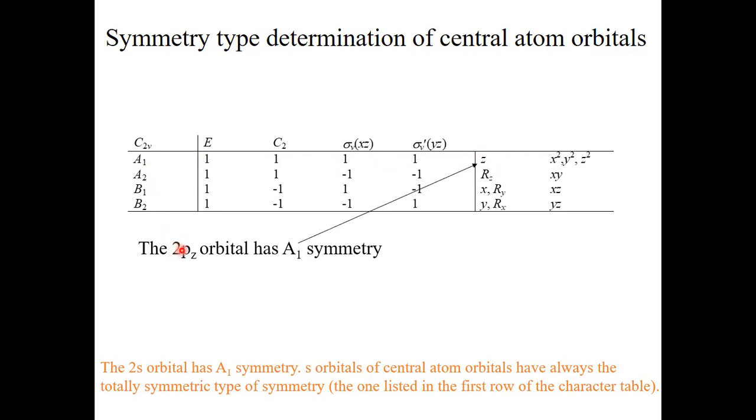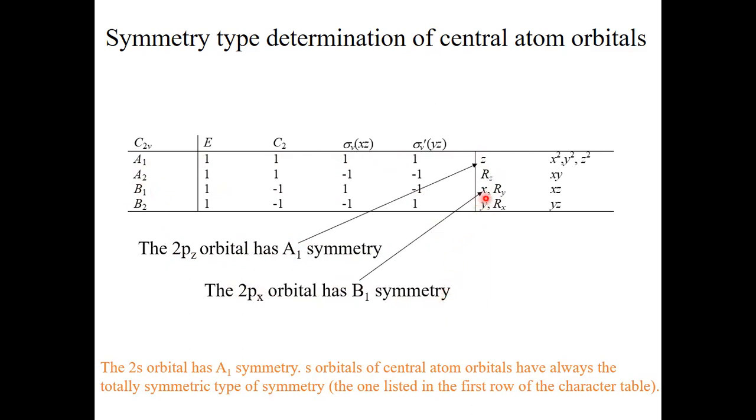Therefore, we know that the 2pz orbital has A1 symmetry as well. So now, what about the px orbital? You see that the letter x appears here in the line for the symmetry type B1, and therefore we know that the px orbital has B1 symmetry.